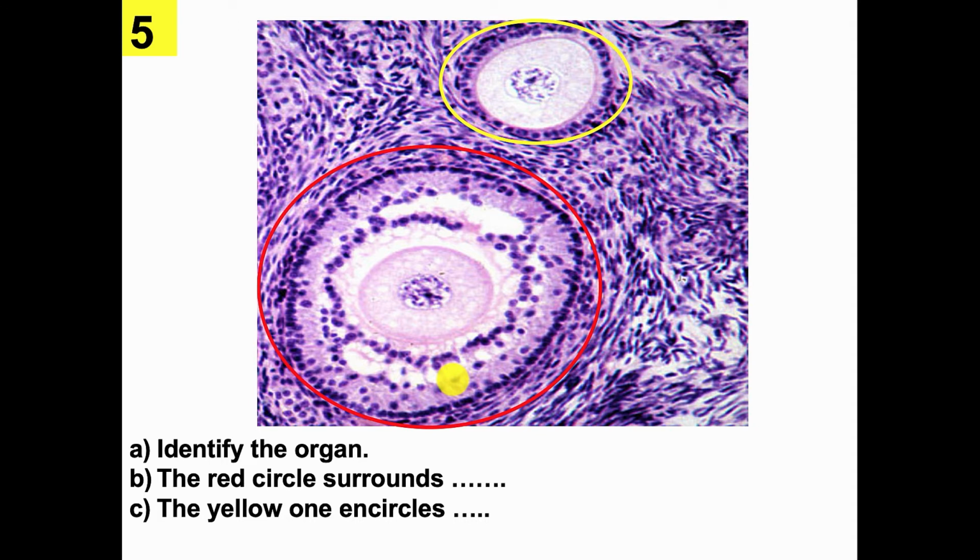But of course, it is an early secondary follicle because the cavities are not joined together to form a crescent shape one cavity. So the red will be the early secondary follicle. The yellow one circles the primary oocyte, the zona pellucida, and we have here one layer of simple cuboidal epithelium. So this is the unilaminar primary follicle.